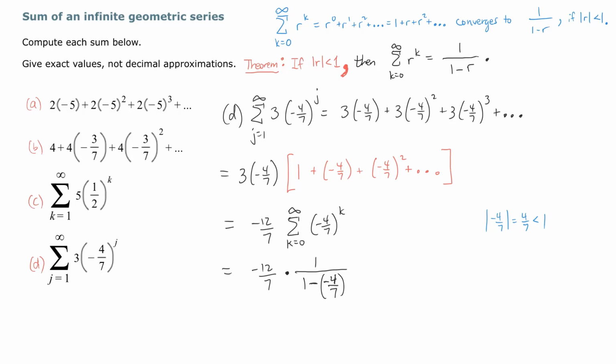I'm going to multiply top and bottom here by 7, another fancy name for 1. You get negative 12/7 times 7 over 7 plus 4, which is 11. This is a really nice number. This is just negative 12 over 11. That is the final expression.